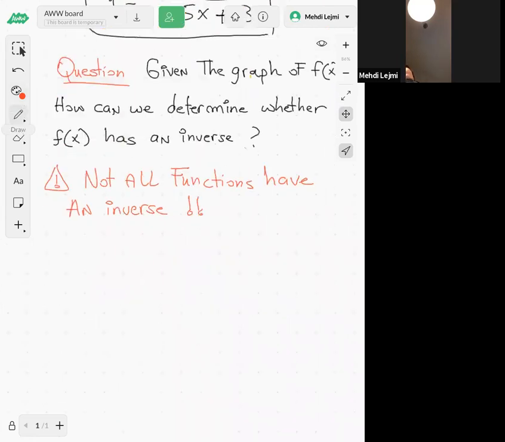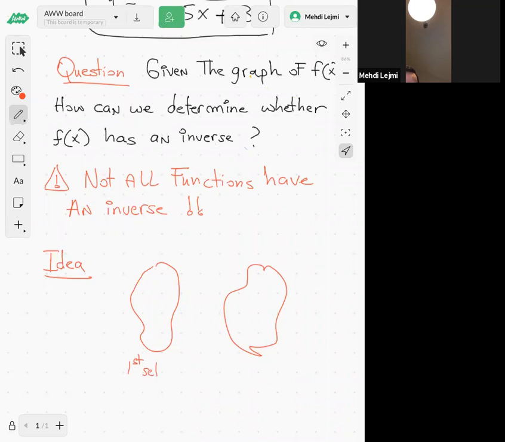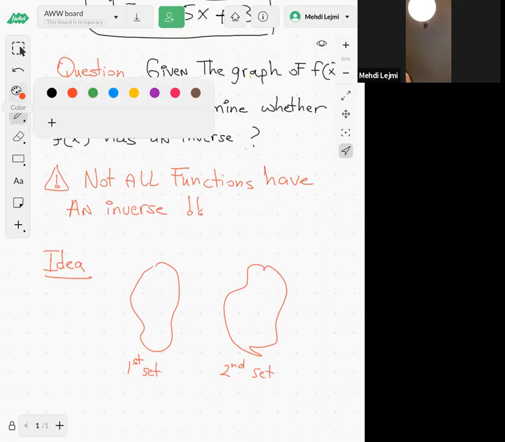The idea is very simple. Let's say you have two sets, right? This is the first set, that's the inputs, and this is the second set, a set of outputs. And let's say in the first set, I have 2 points, right?